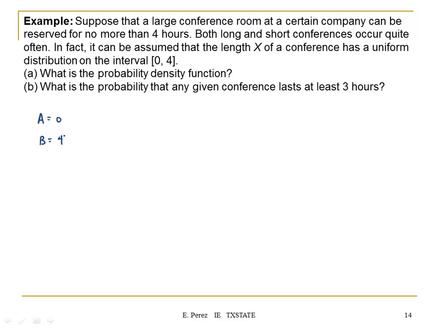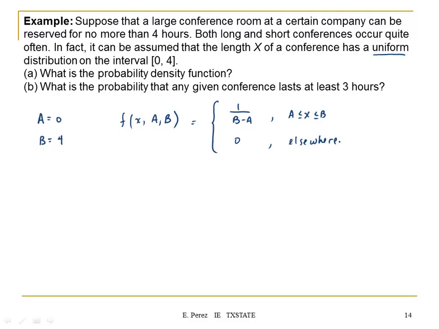Let me write the formula here. The problem is telling you that this follows a uniform distribution, so the PDF is f, you need to know a and b, and it's going to be equal to 1 over b minus a for x within a and b, and 0 elsewhere.